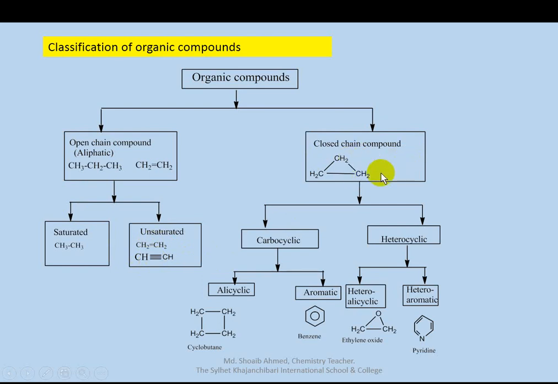Closed chain compounds are mainly two types: carbocyclic and heterocyclic. Carbocyclic closed chains contain only carbon.